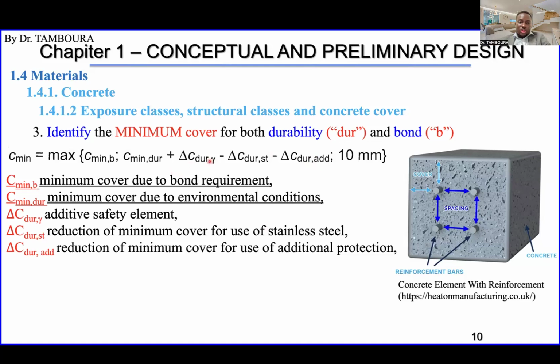so what is the minimum? What are the value for these element, all of them? Okay, because we need C minimum. So what is the value of this, or this one, this one, and this one, and this one?